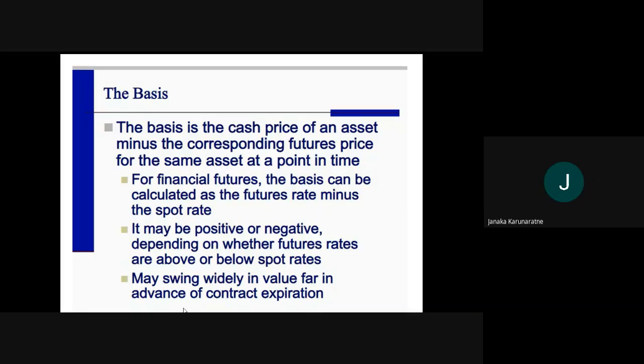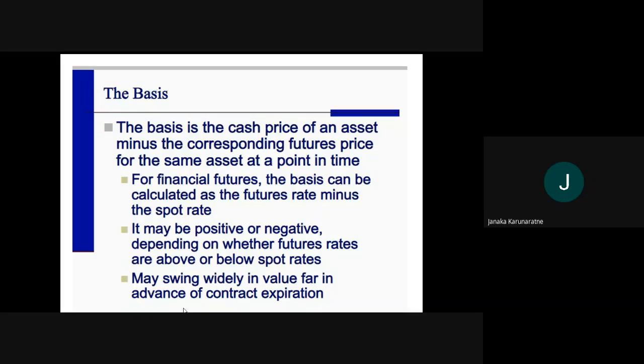Now let's say we are talking about a 3-month futures contract. If you look at the price today, and maybe tomorrow, and as you go on in the future, there will be wide fluctuation well in advance.